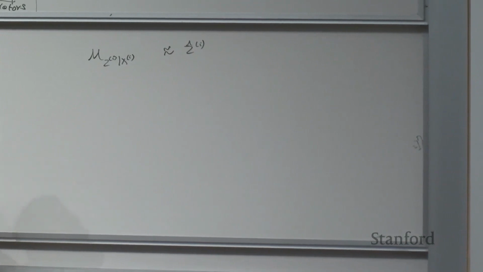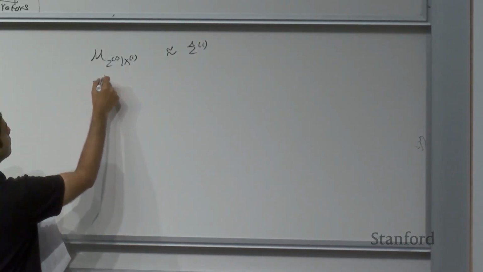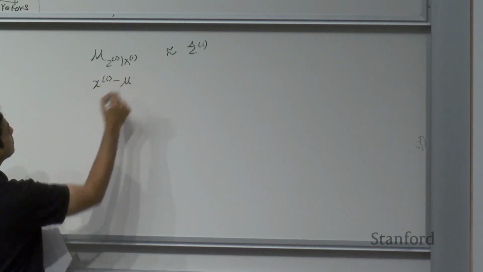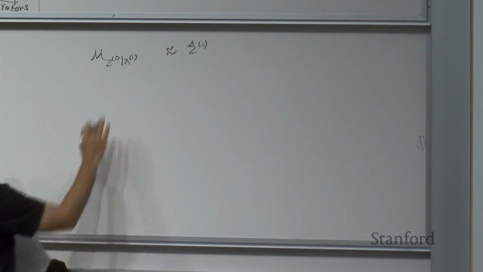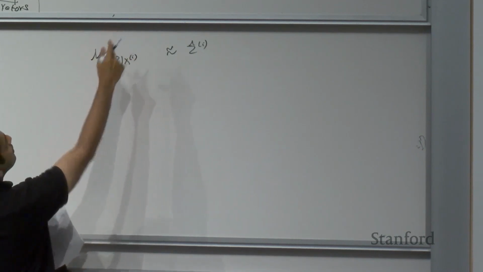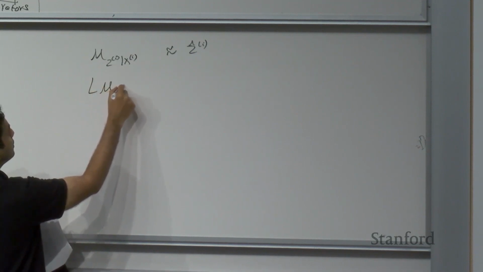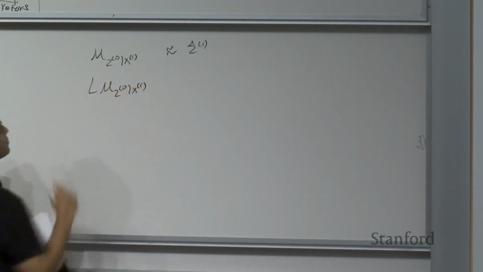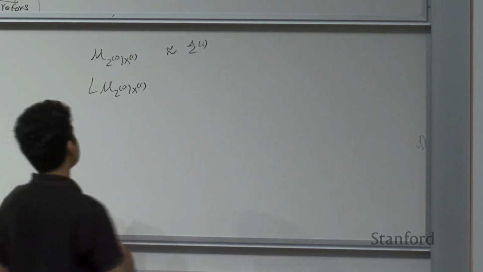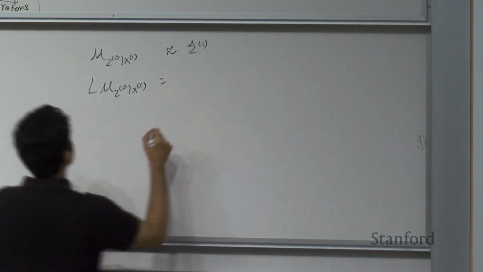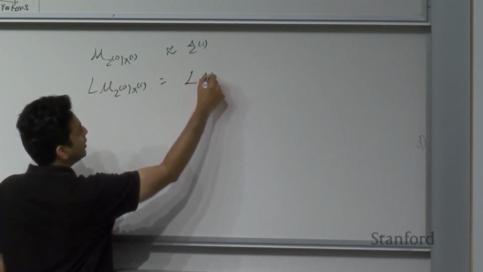And we also have this term L times mu of z_i given x_i. So now L times mu of z_i given x_i is equal to basically L times z hat i.